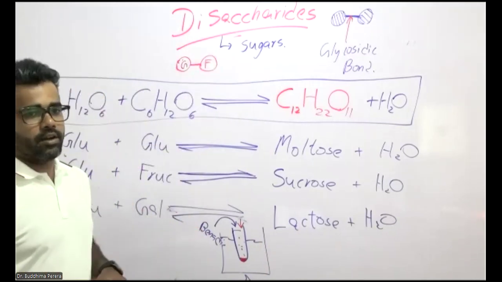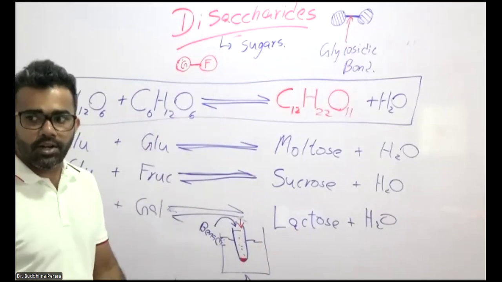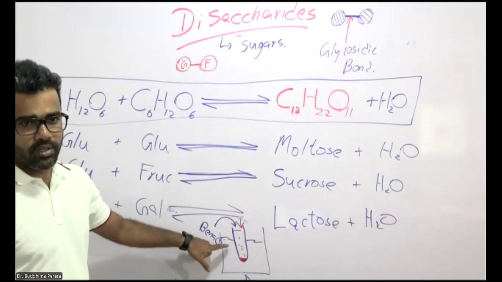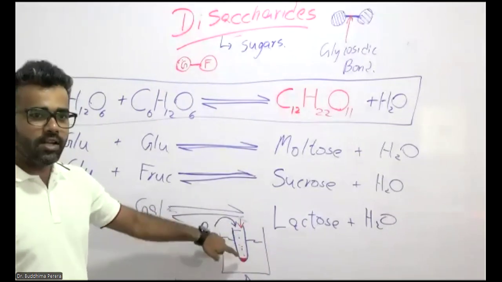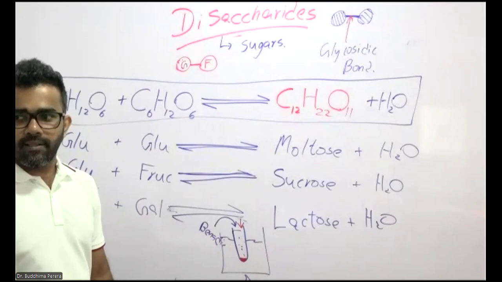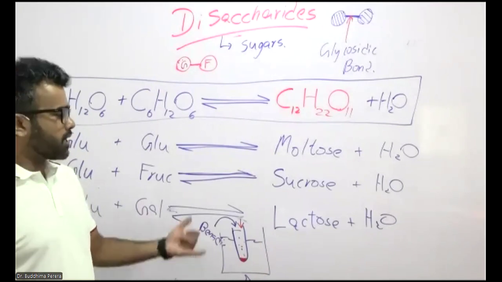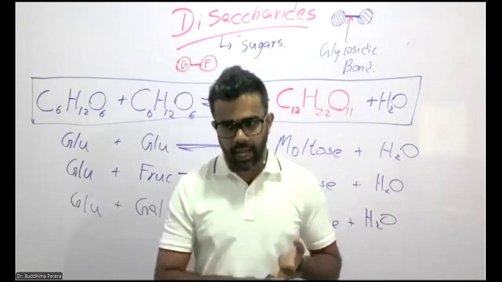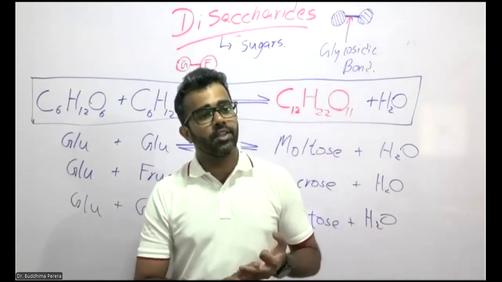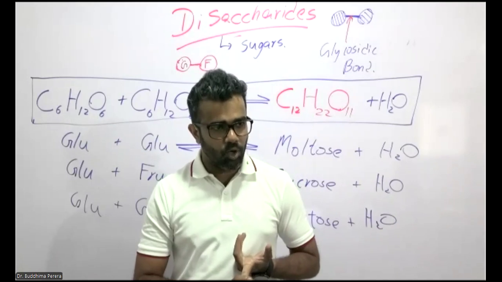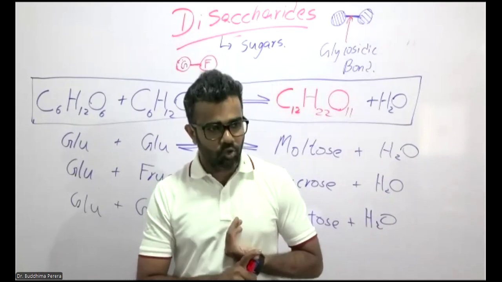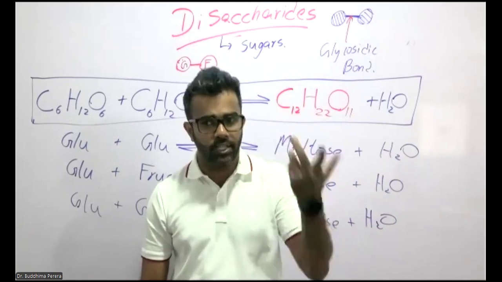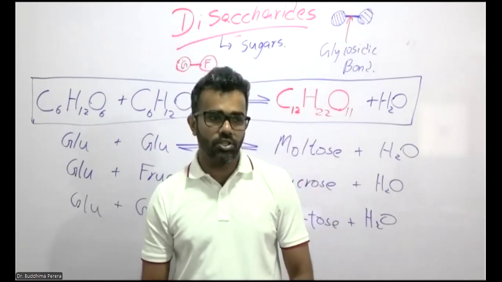This is non-reducing sugar. Sucrose is a non-reducing sugar, so it won't reduce the Benedict solution. That's why it won't give a bright red color deposition, right? But all the monosaccharides, glucose, fructose, galactose, and the other two disaccharides, maltose and lactose, all five are reducing agents, reducing sugars.